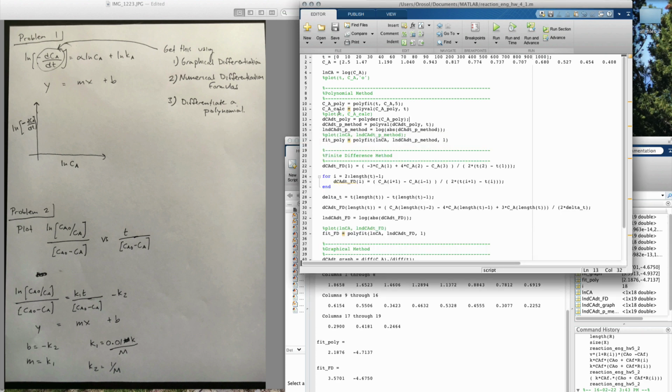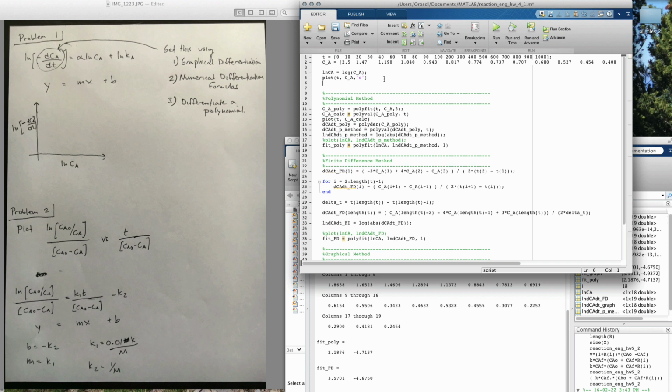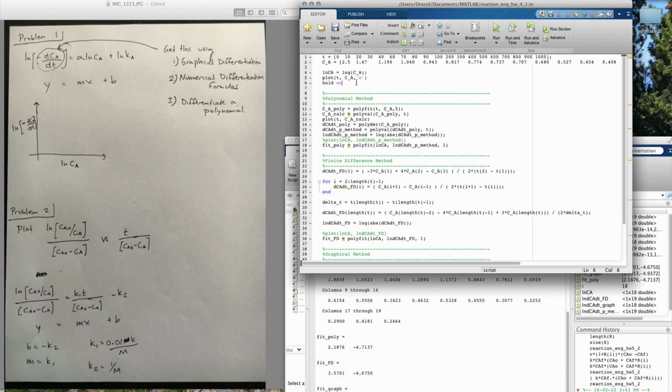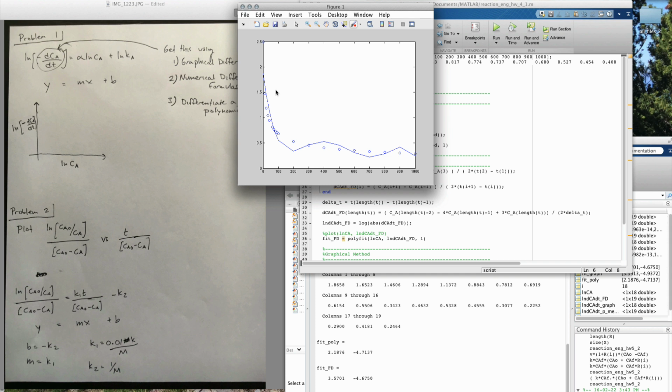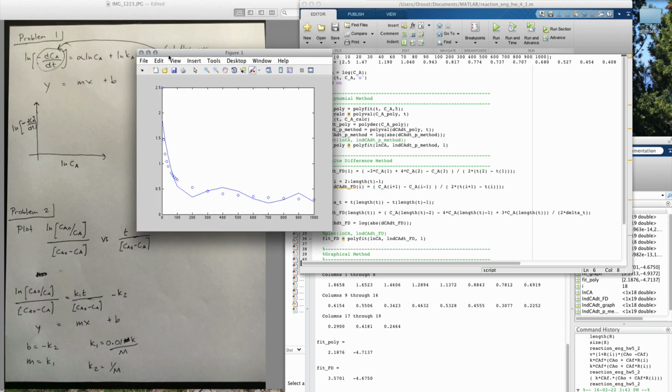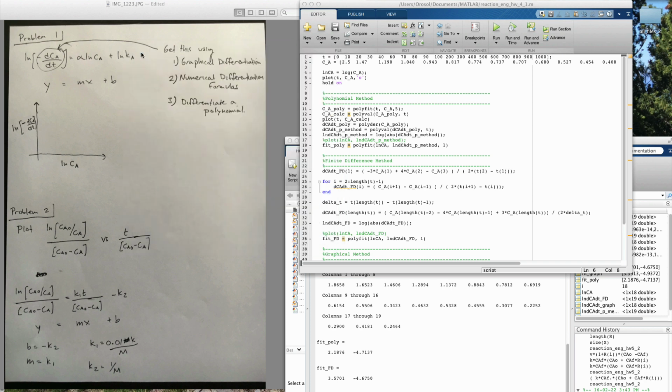I did that mainly so I could plot the CA and the CA calculated, just to see what they look like. I'll just try running that real quick. I can't remember exactly how it looked. So this is the polynomial calculated, and you can see it's not a very good fit, but like I said, no matter what I picked for the order, it wasn't a good fit.